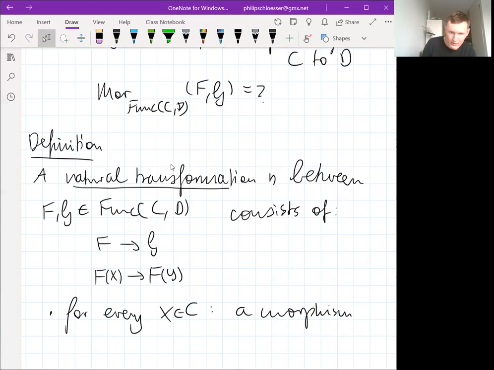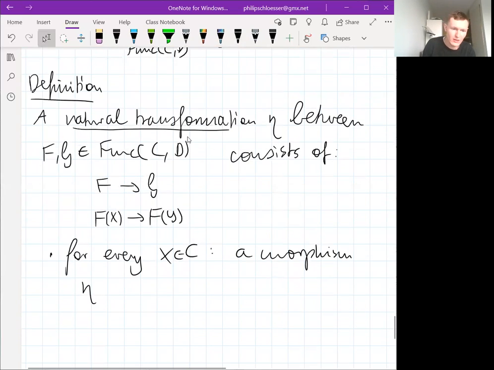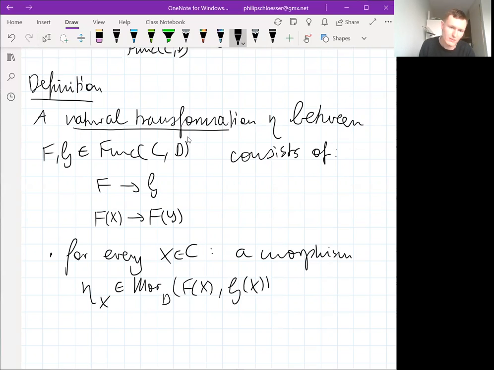We call our natural transformation eta, morphism eta X. That is a morphism in D, because F and G both map from C to D, between F of X and G of X.